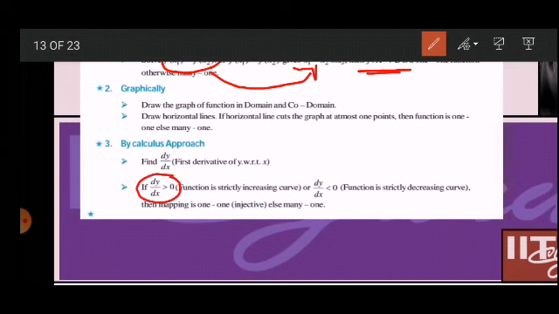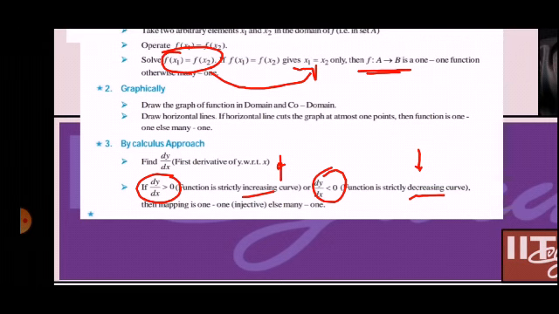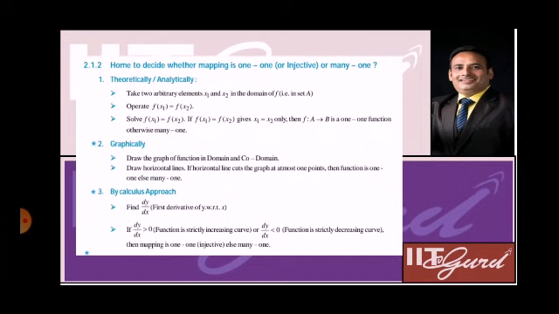Here dy by dx positive means increasing, and dy by dx negative means decreasing. In both cases, the function is said to be 1-1, that is injective, or else it is a many-one function, right? So there are three different approaches: theoretical, graphical, and calculus. Now let's take some examples to understand the idea.